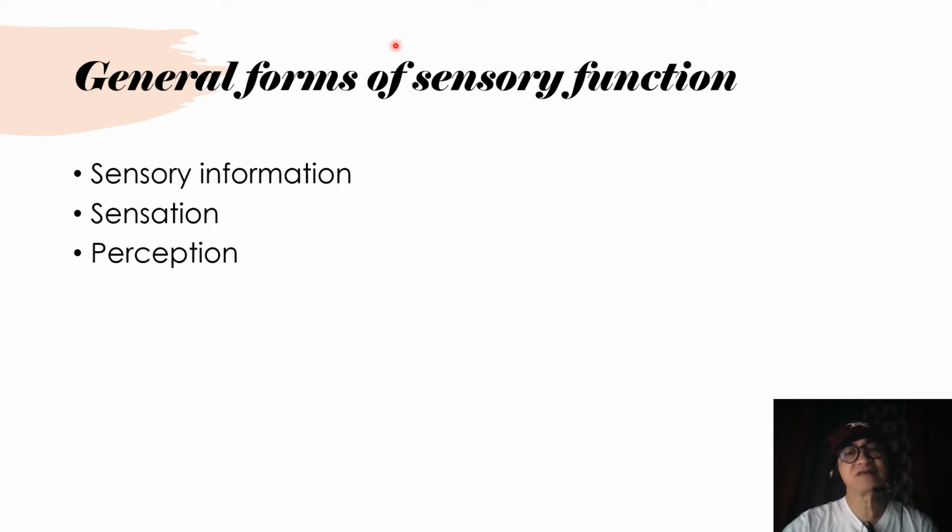Sensation, on the other hand, is when an individual exposed to a stimulus is aware of the stimulus. That is, the information reaches the person's consciousness. And then perception is when the processed sensation places the sensation in a meaningful perspective.